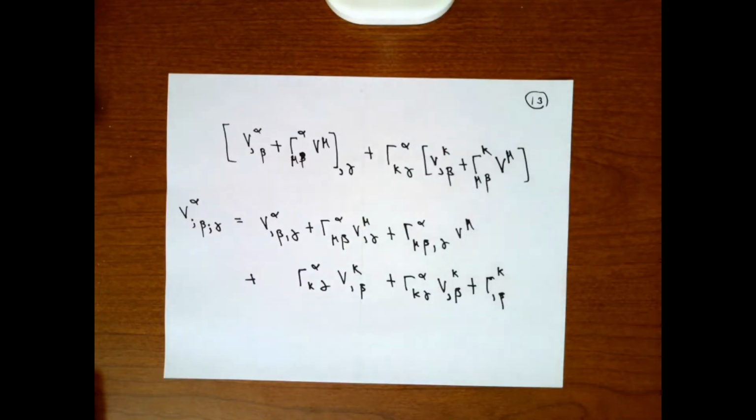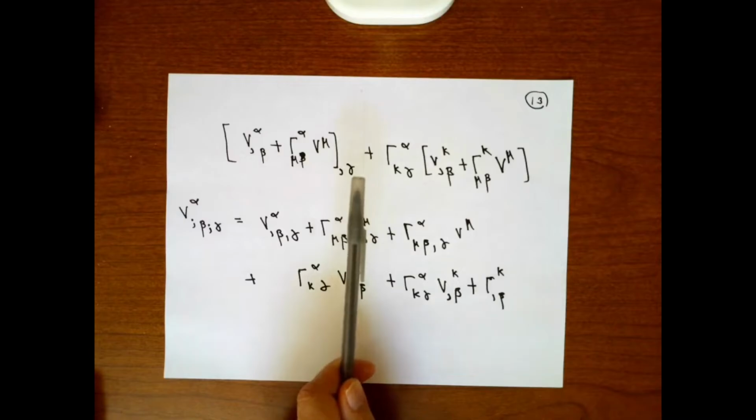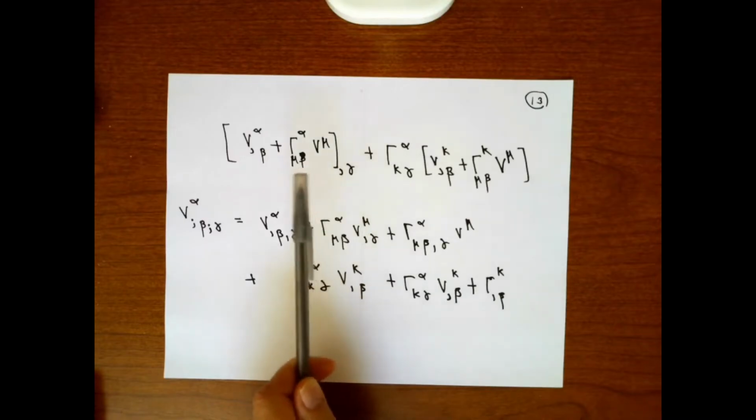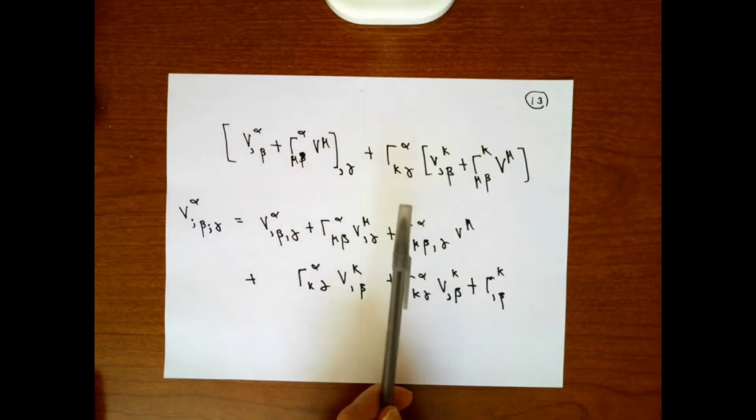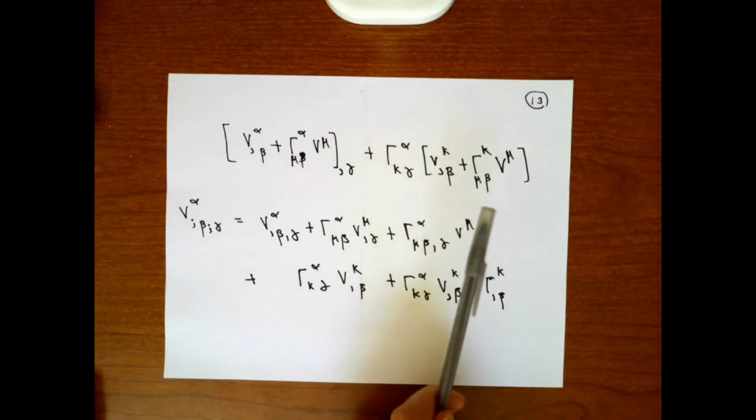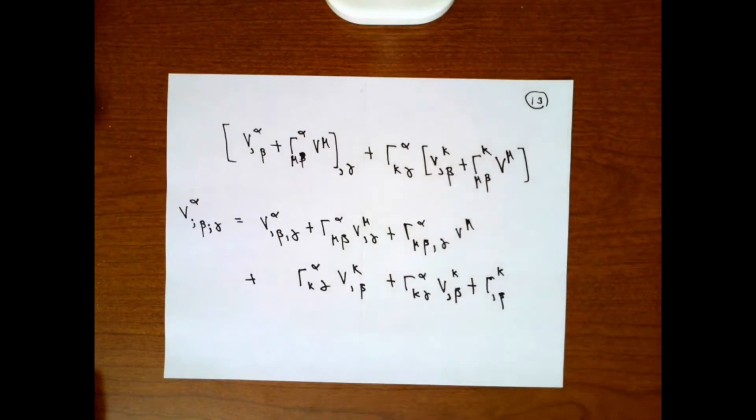So writing down the recipe, we find out that the quantity we need to look at for V alpha semicolon beta semicolon gamma is the comma gamma partial derivative with respect to x gamma of the quantity that we wrote down using our recipe, plus Christoffel alpha kappa gamma times the covariant derivative component that we get by following our recipe. So if you write out all of this stuff, it looks pretty awful, but you can at least get an expression. It's important to remember comma means ordinary partial derivative.